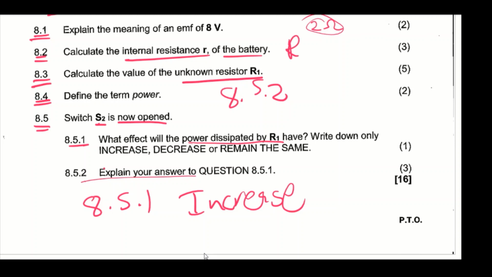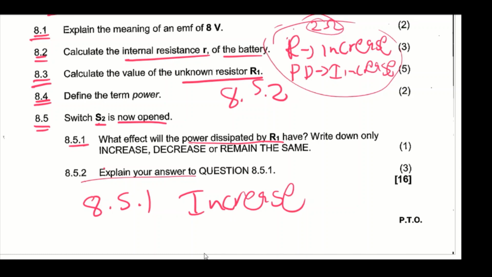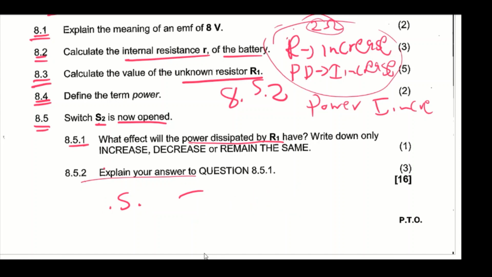And an increase in that resistance will mean now that the potential difference across R1 will also increase, right? So an increase in these two results in an increase in power, right? Why am I saying that? So power will increase. An increase in potential difference and resistance results in power increasing.